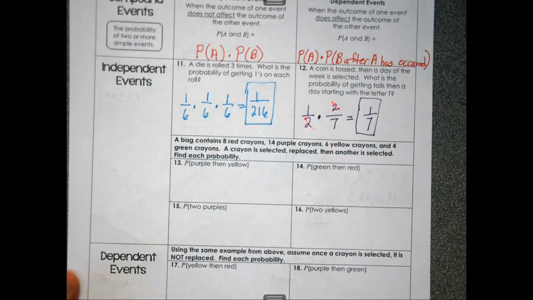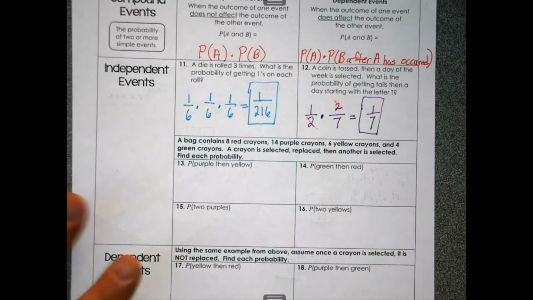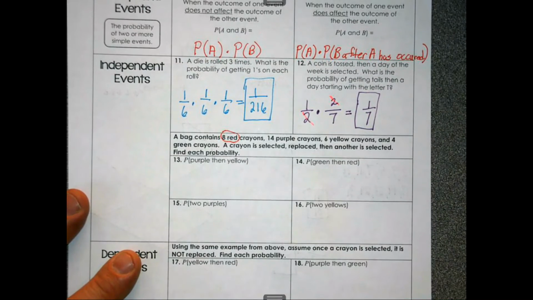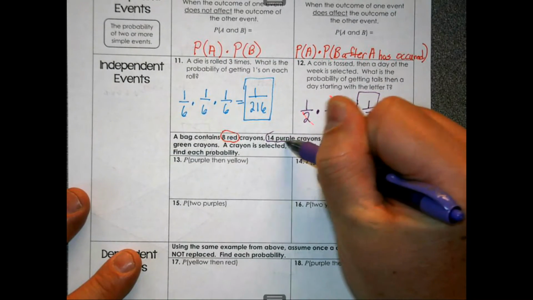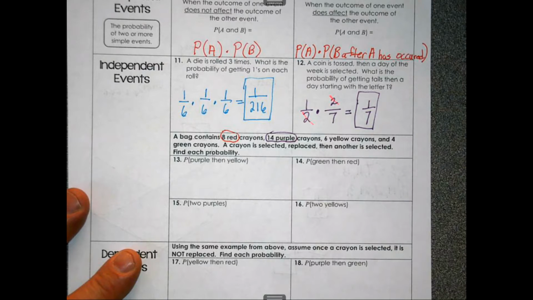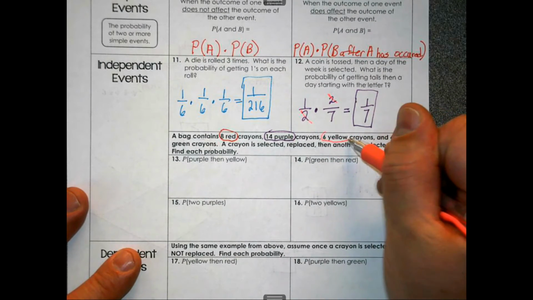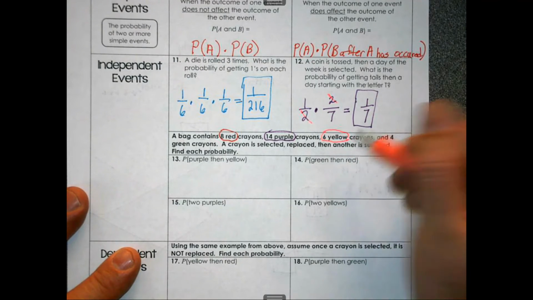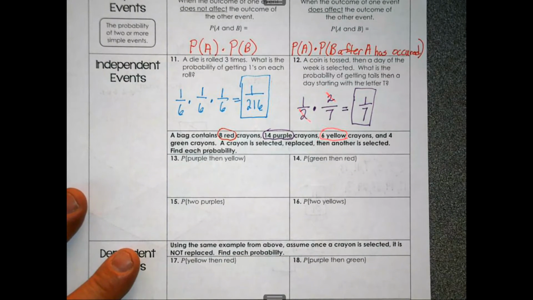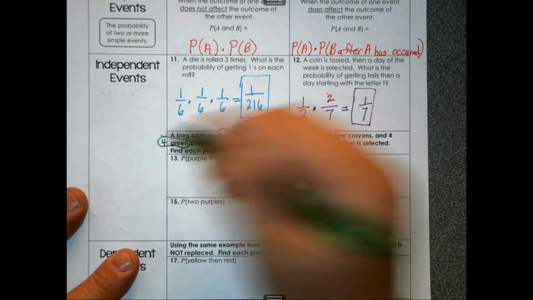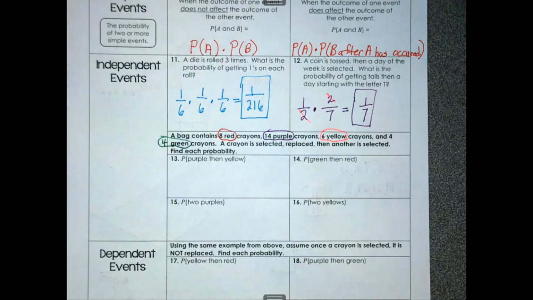Okay, a bag contains 8 red crayons, 14 purple, 6 yellow, and I don't have a yellow, so I'm going to use the neon pink for my yellow, and 4 green. A crayon is selected, replaced, then another is selected.